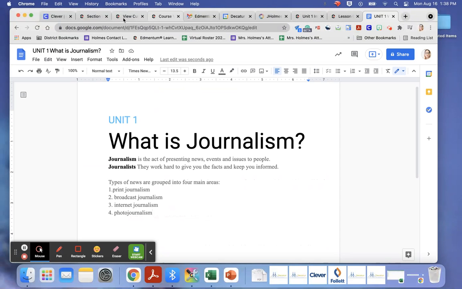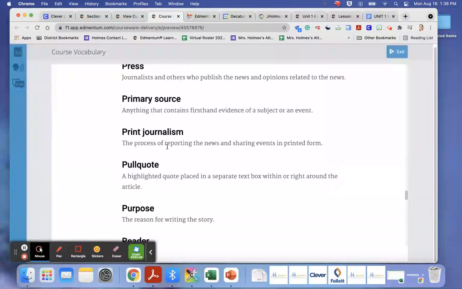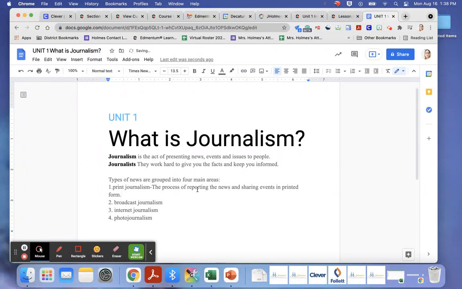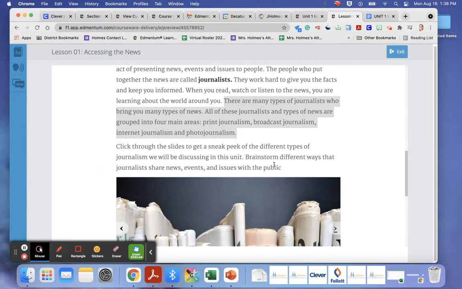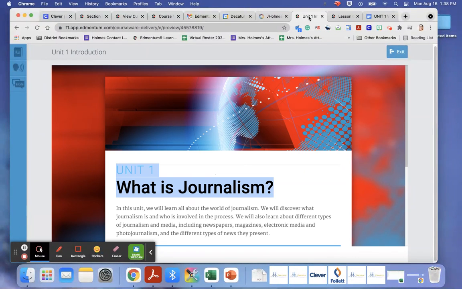So print journalism, I'm pretty sure I just saw that right there: the process of reporting the news and sharing events in a printed form. Copy that. That was this one, so I'm going to go back.